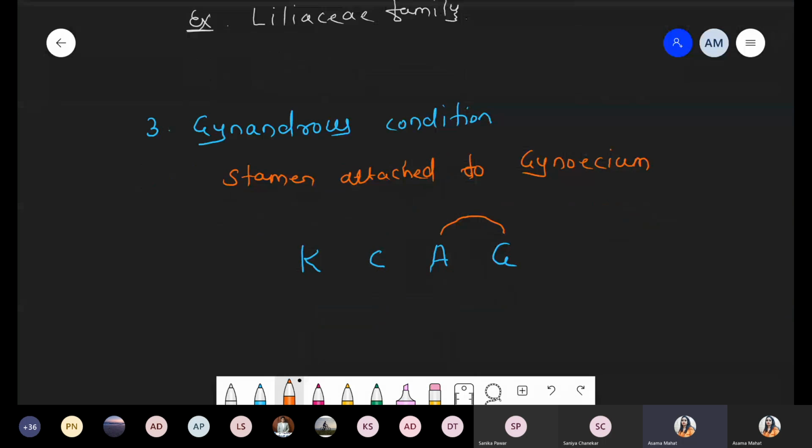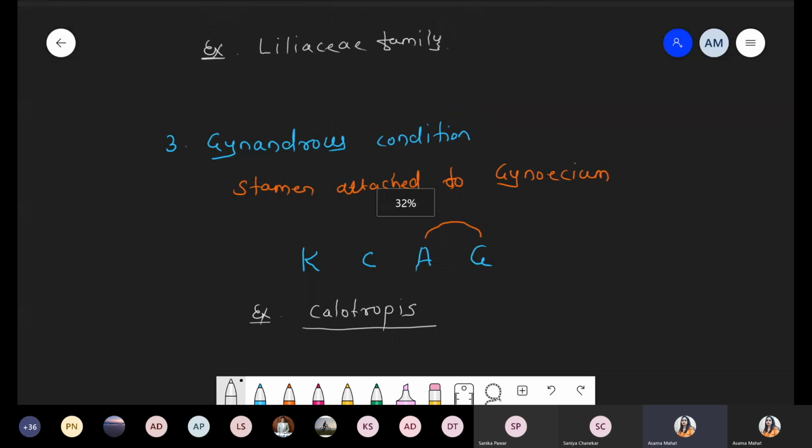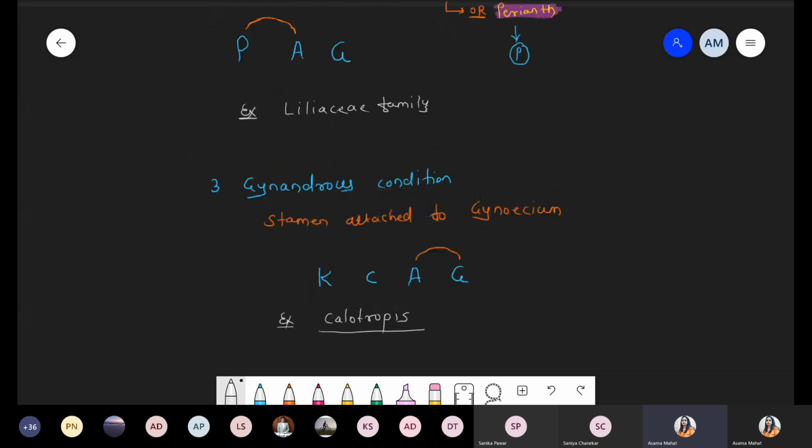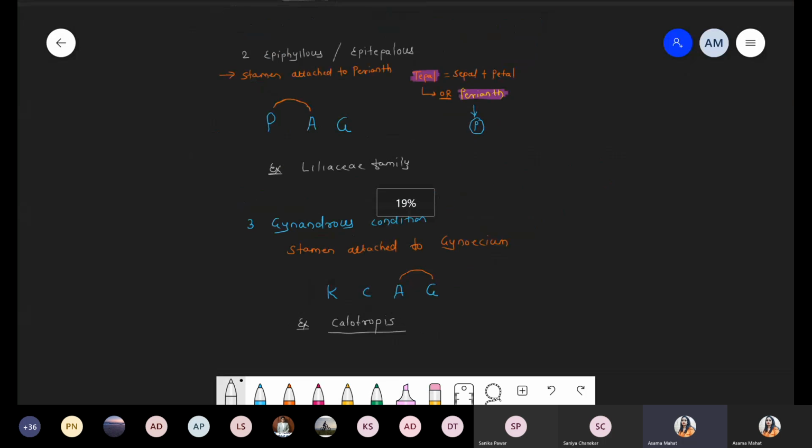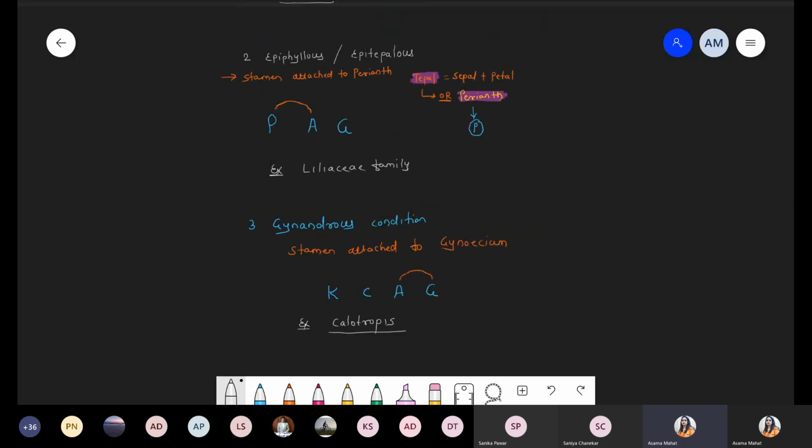They get attached with each other, and such a condition is present in Calotropis. Okay, underline the biological name Calotropis. So these are the 3 conditions where the stamen can attach with other parts: epipetalous, epiphyllous, and the gynoecium-androecium condition, that is the gynoandrous condition.